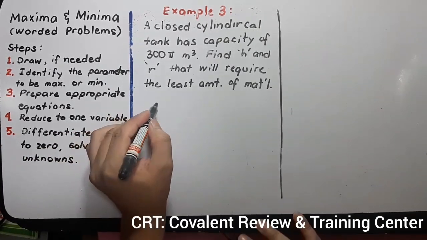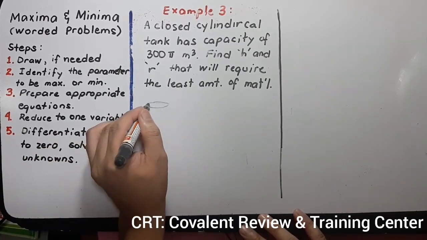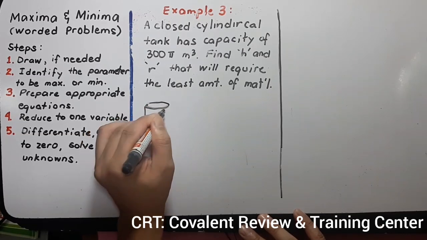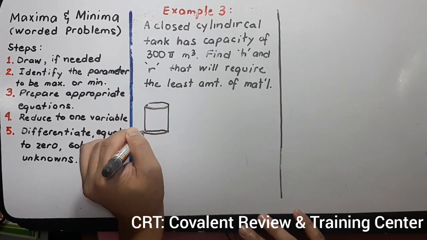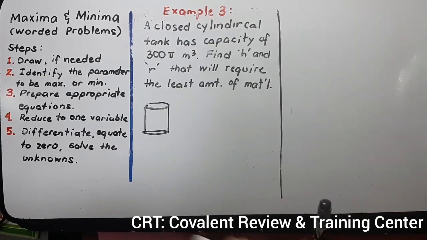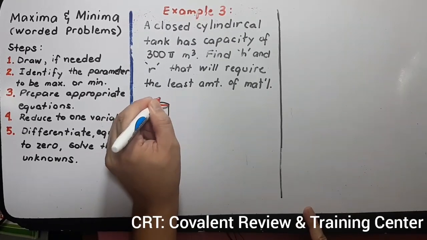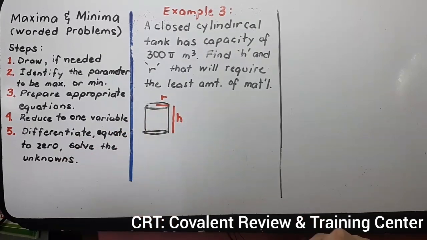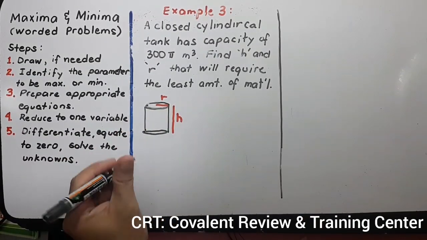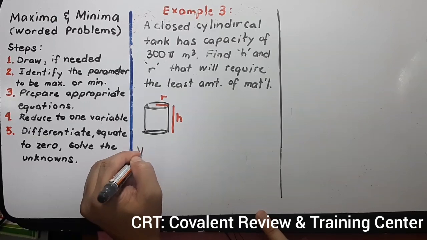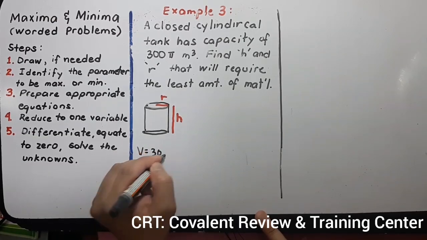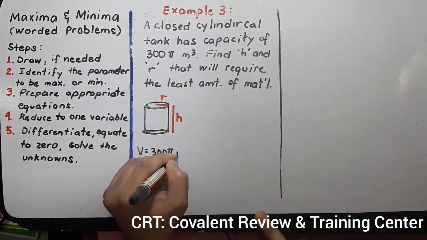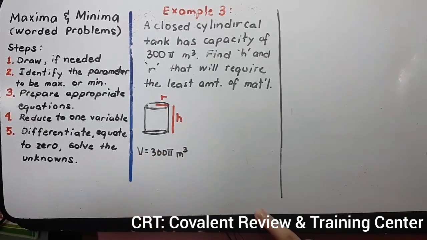So this is the illustration of our cylindrical tank. Okay, so this is the radius r and this is the height h. The capacity is the volume, which is equivalent to 300 pi cubic meter.